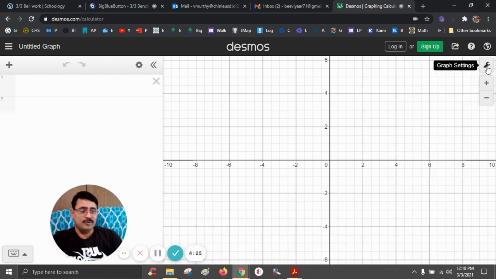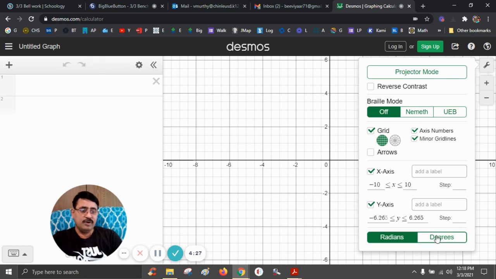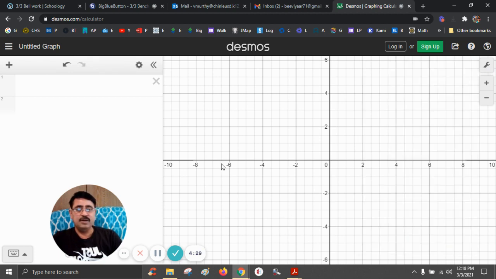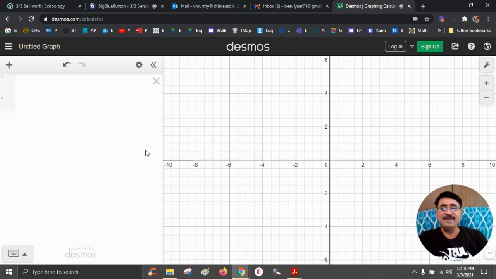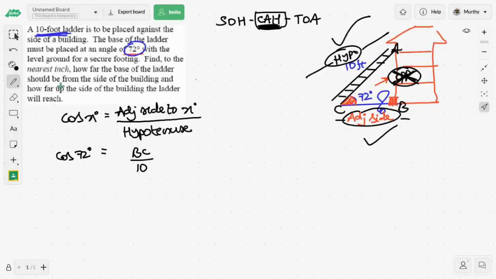So let me go to settings. You have to click degrees. Then let me move my figure from here to here, and it is cos 72. You can use your keyboard. It is 0.30. Okay, so let's go to our whiteboard.